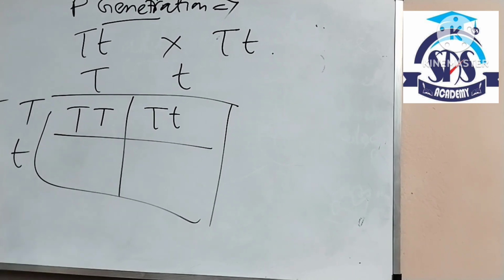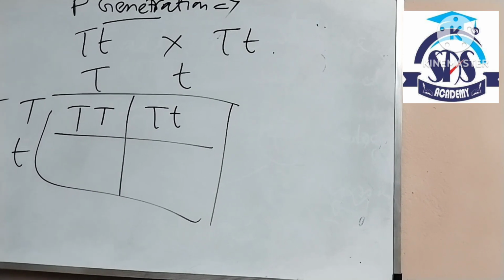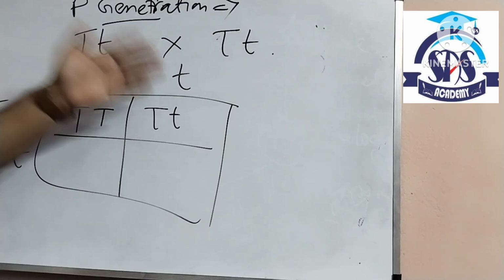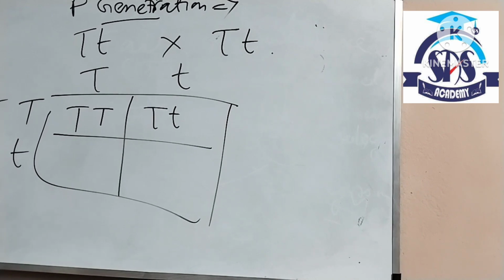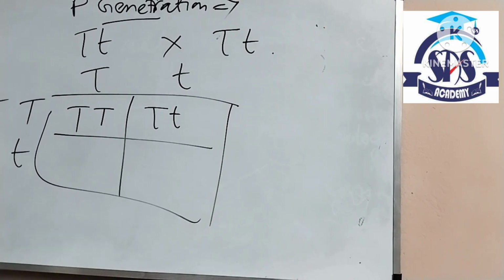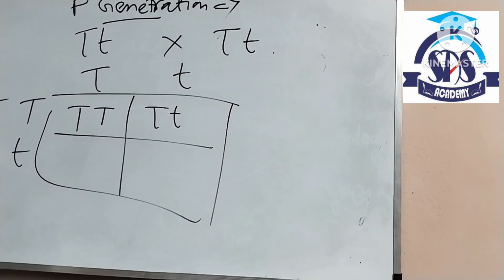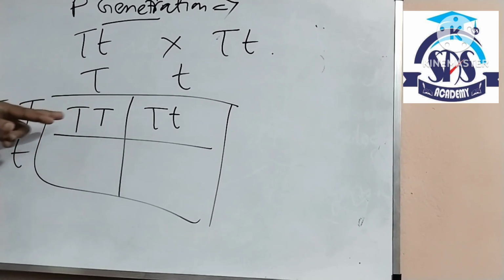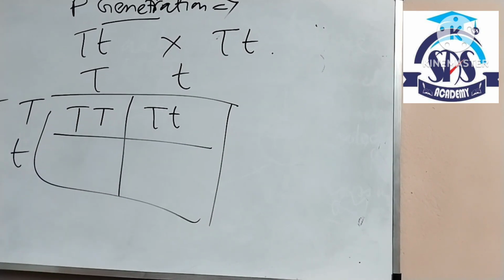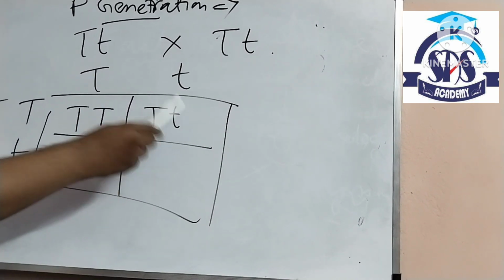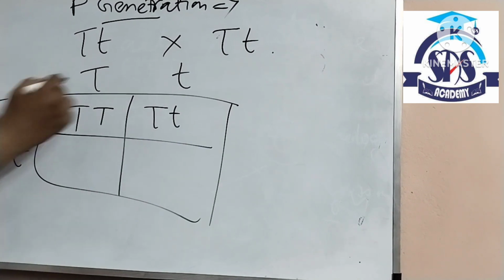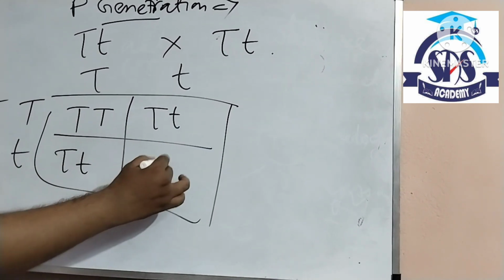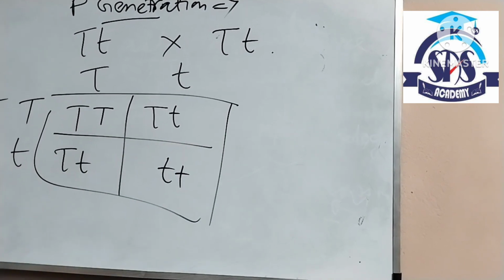Tall arises in F1, that's why the tall character is the dominant character. On the other hand, the dwarf trait is the recessive character. That's why when you write the heterozygous condition, always write the dominant allele first and the recessive allele second. Then capital T, small t, small t, small t.